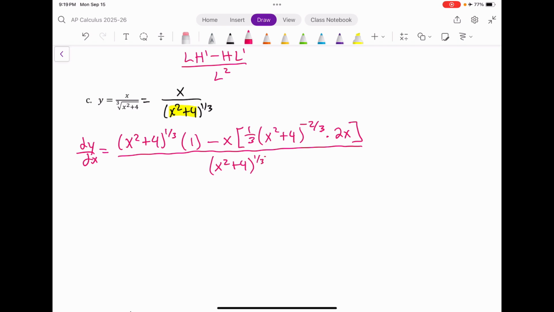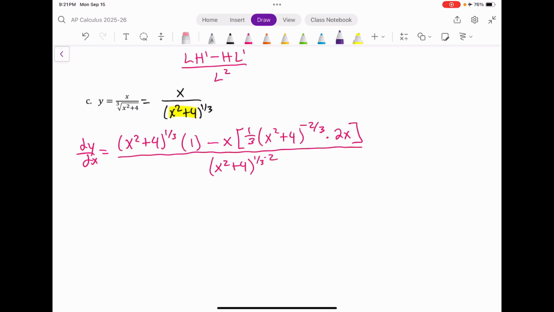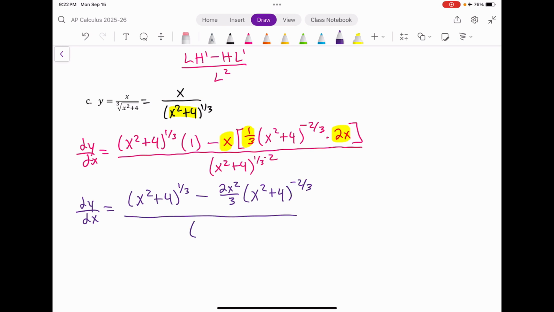So 1/3 squared. All right, so now we'll just simplify what we can. So we can drop that 1. X times 2x times the 1/3 we could do. So that's 2x squared over 3 times x squared plus 4 to the negative 2/3 all over x squared plus 4 to the 2/3.